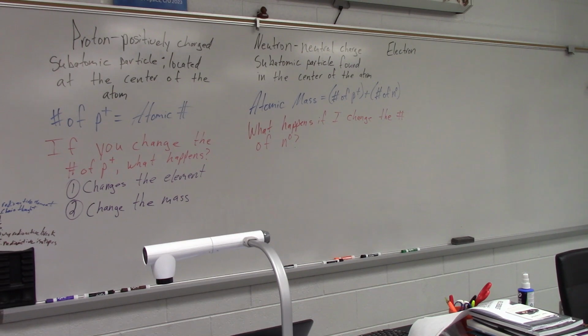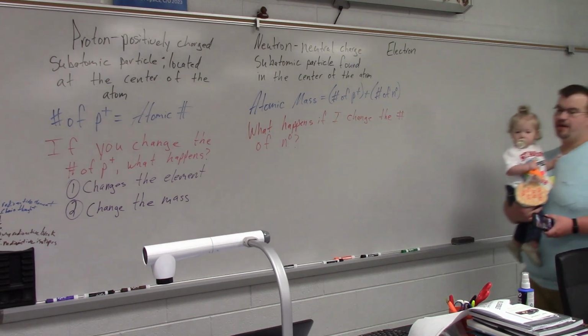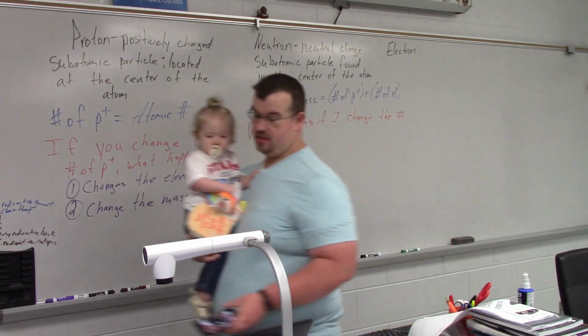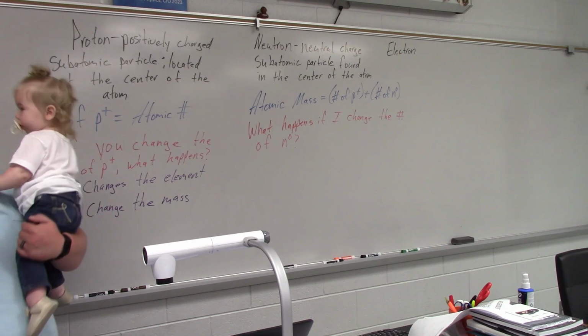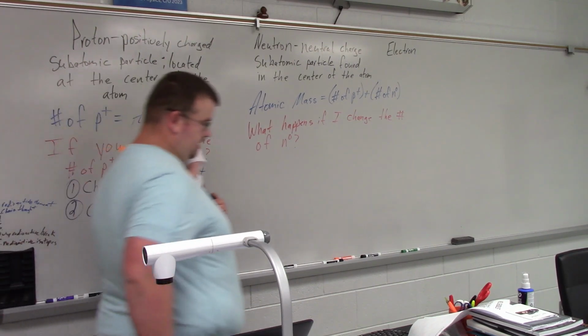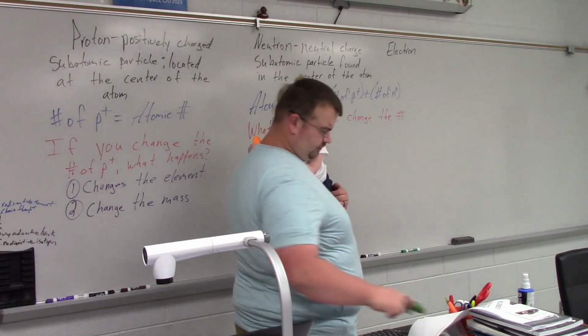Let's pull it together. Now, what happens if I change the number of neutrons? It's no longer stable. It can become an isotope. If you change the set number of neutrons, it's going to lose stability. It's just gonna go haywire.